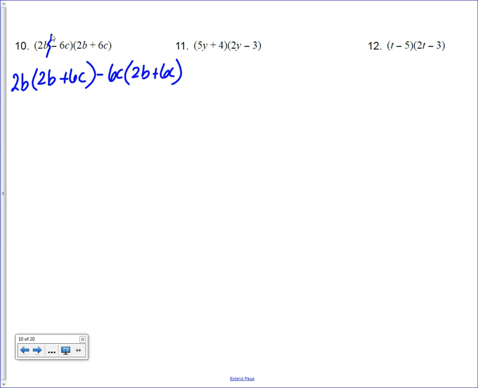Okay, distribute. Was B times C? BC? Is there 2 B's when they're getting multiplied?